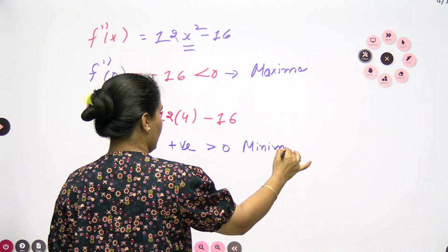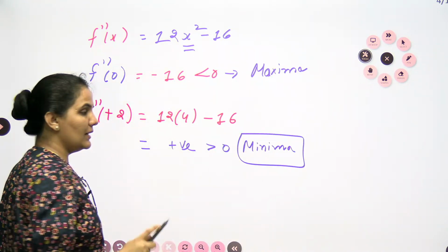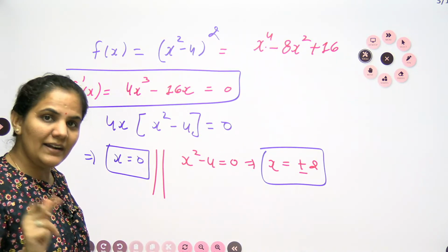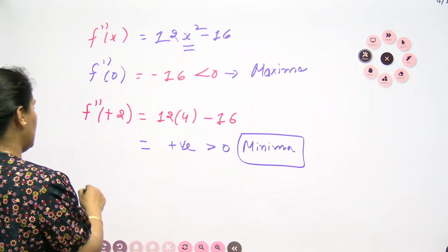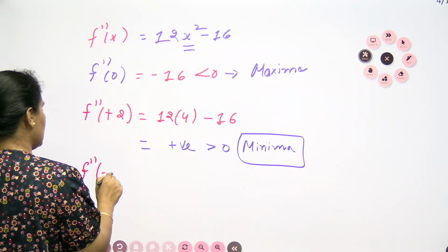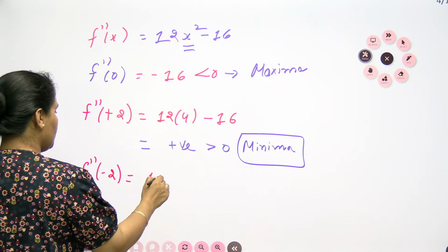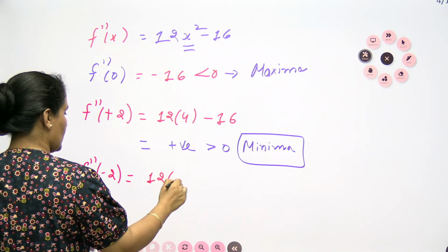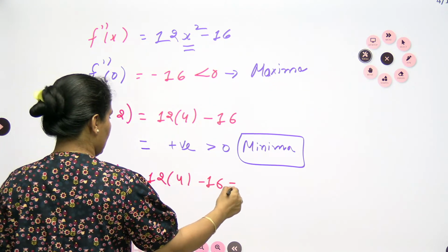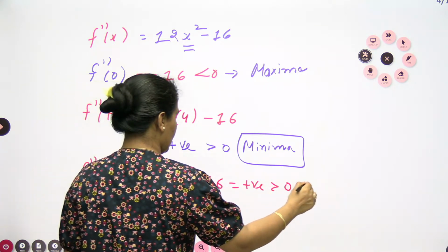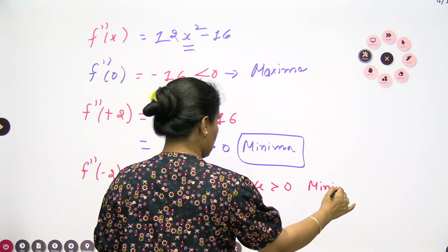So here I have minima. I have minima at x equals 2 and x equals minus 2 both. When you check f double dash at minus 2, with minus 2 squared it is again positive, greater than 0, so in this case also I have minima.